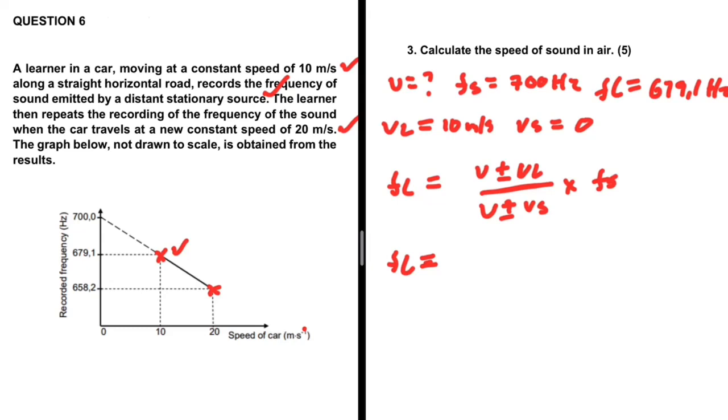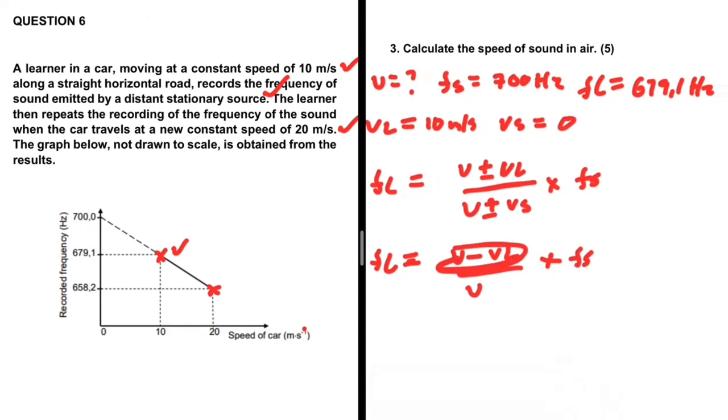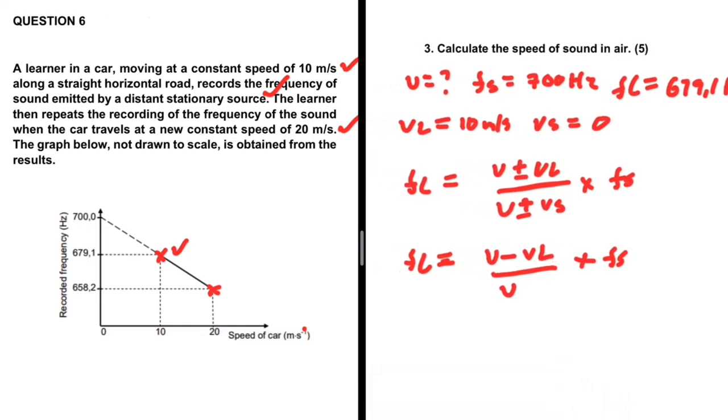So we're going to have V minus VL divided by V, because our source is stationary, so plus or minus 0 is not going to really change anything, multiplied by Fs. Here on the numerator we have minus because our listener is moving away. We can go ahead and substitute now.